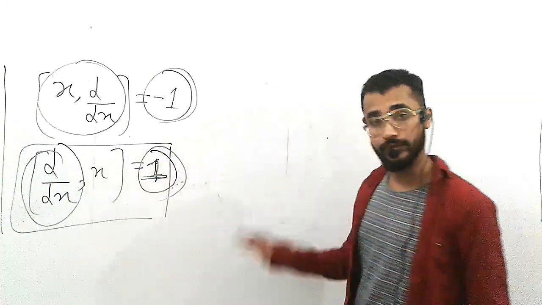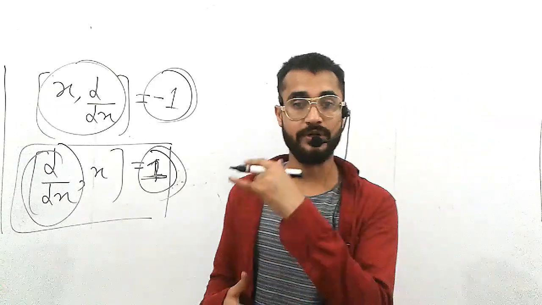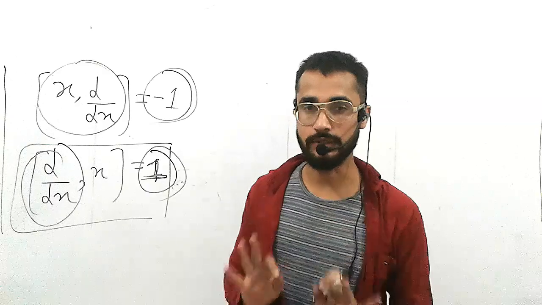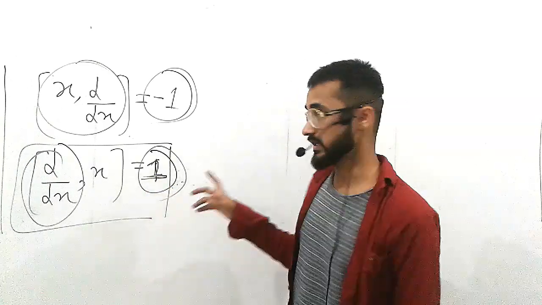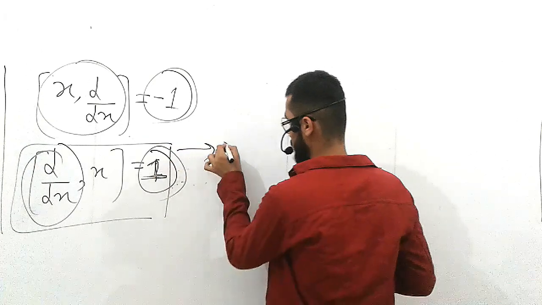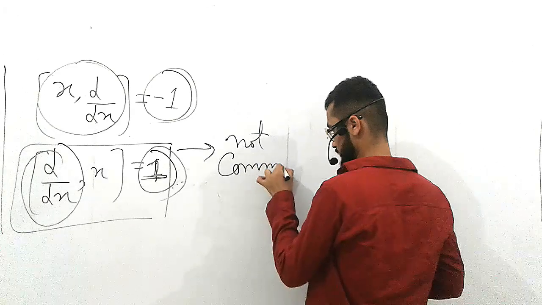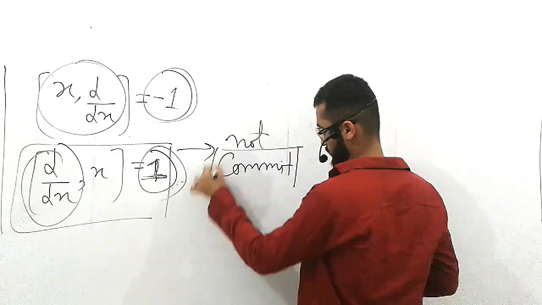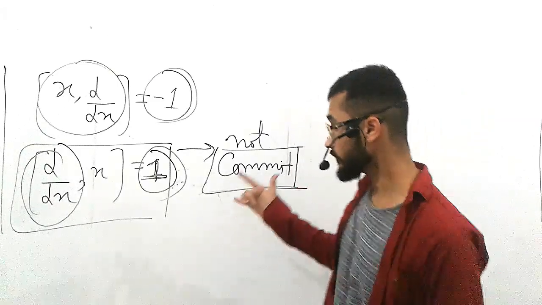And we know that the condition for commuting operators is AB minus BA equal to 0. Here it is not 0, so they are not commuting.